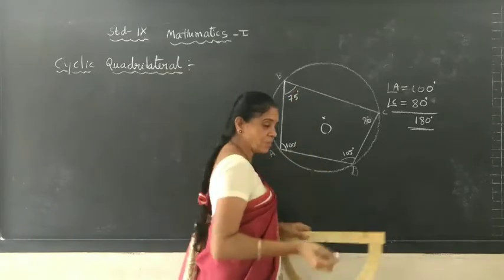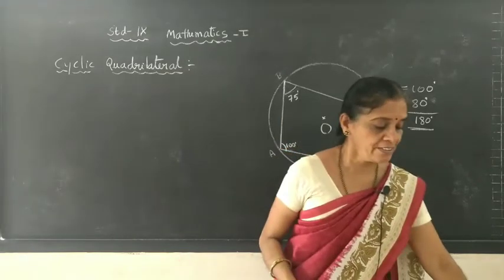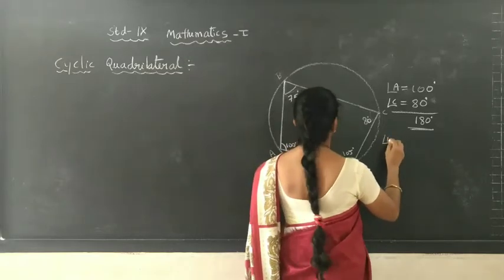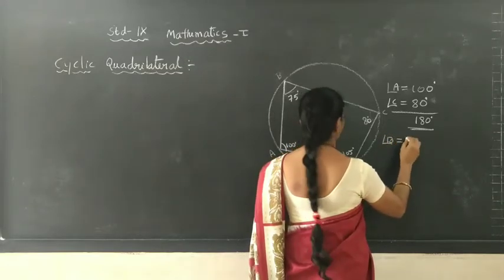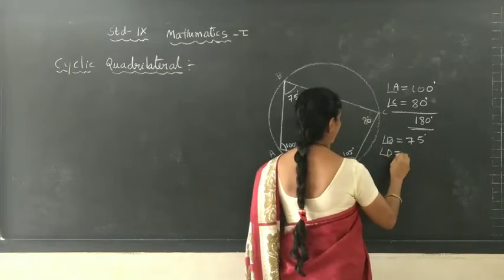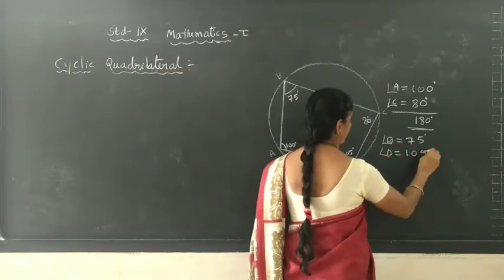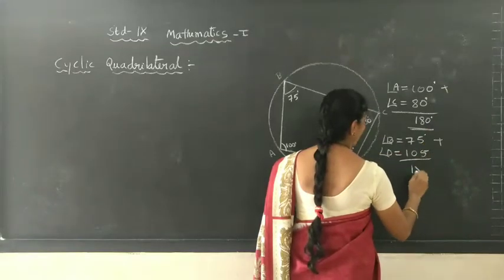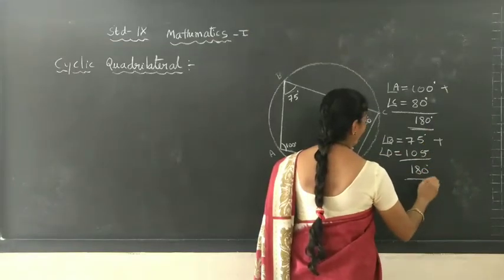Now write the measurement of the two angles: angle B I got 75 degree and angle D I got 105 degree. Now you add these two angles, you get exactly 180 degree.